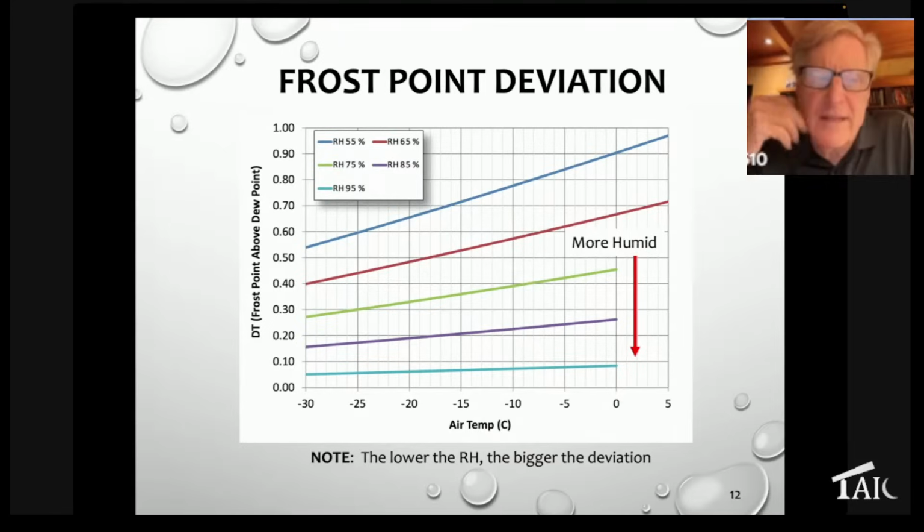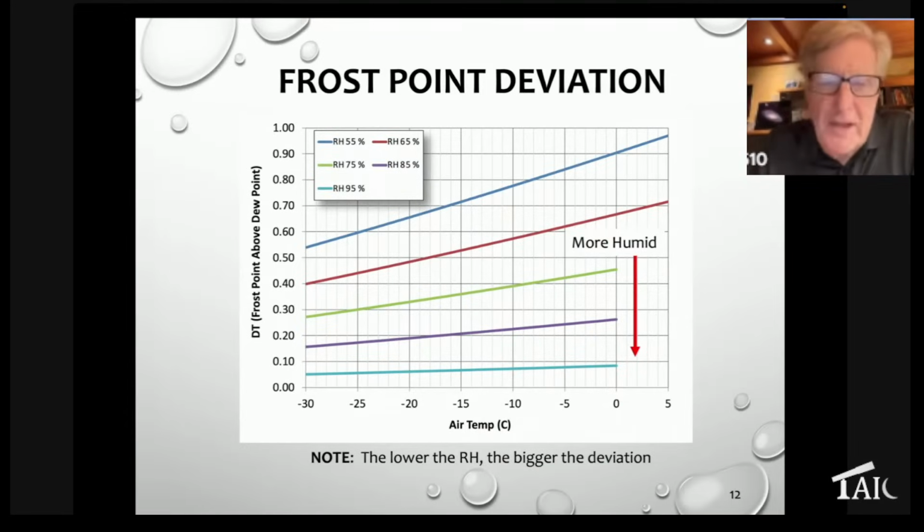And that's an intuitive result. But I just want to emphasize that frost is not the same thing as frozen dew. Now, at lower relative humidity values, you get a bigger deviation. And again, that's really more applicable to the Arctic, where the relative humidity might only be, say, 10% or so. And then you could have frost forming even above freezing.